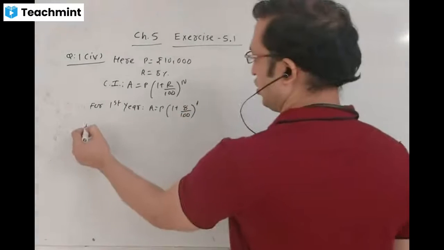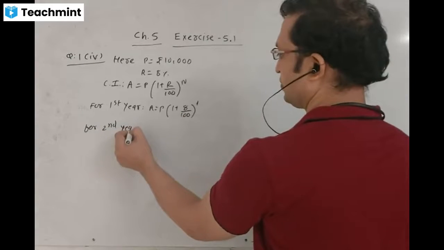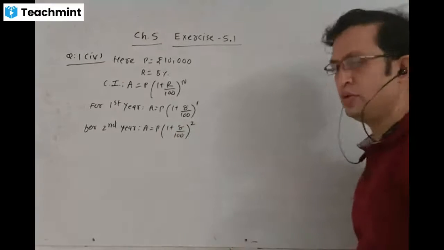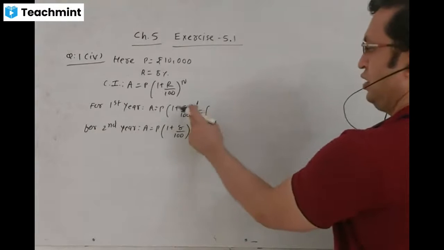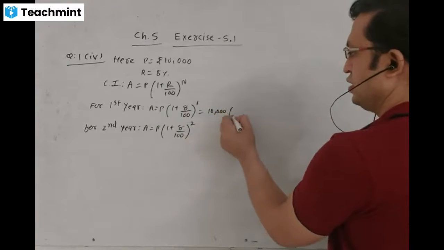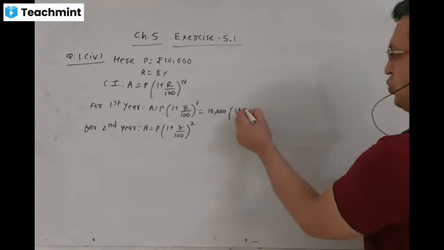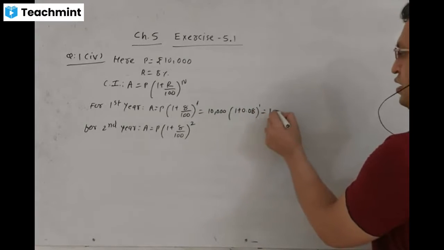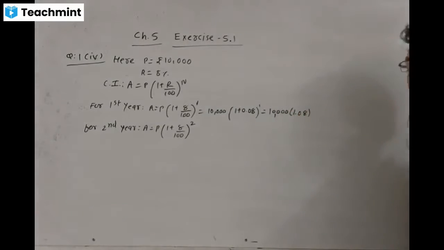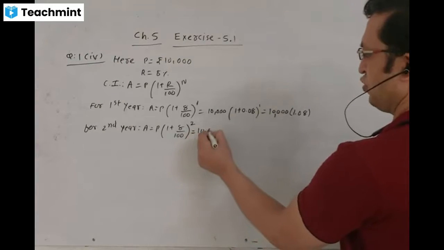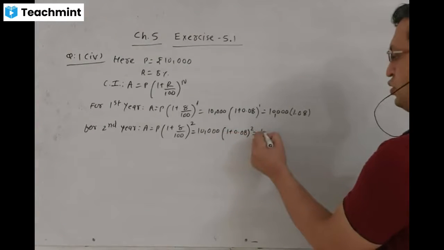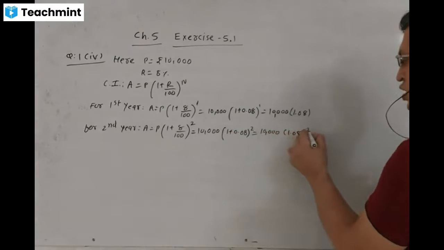For the second year, A is equal to P into (1 plus 8 upon 100) raised to power 2, that is 10,000 into 1.08 raised to 2.